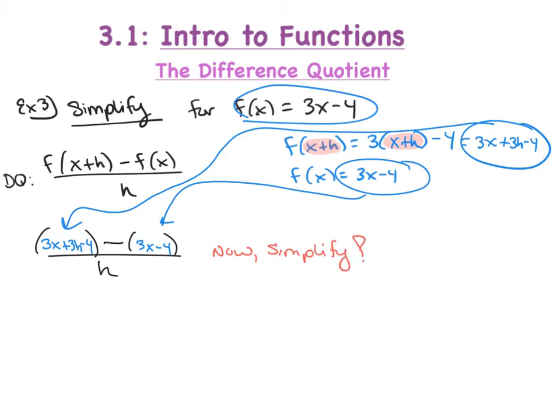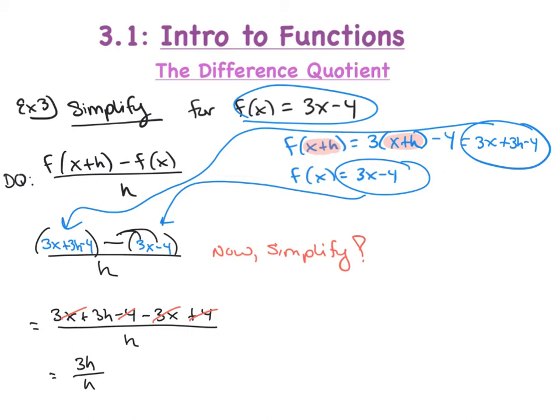Okay, getting rid of those parentheses. That's going to be 3x plus 3h minus 4, distributing that negative through, minus 3x plus 4, all divided by h, which is going to give us, ooh, a lot of canceling. 3x's cancel. The plus 4 and the minus 4 cancel, so we just have 3h over h.